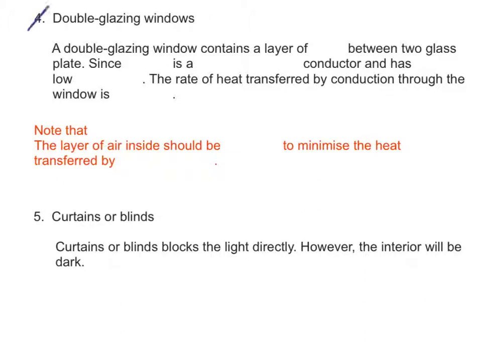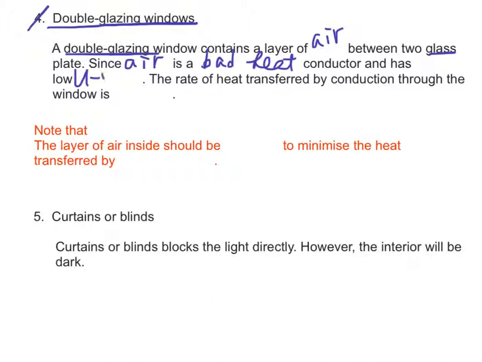Also, we may use double glazing windows. A double glazing window contains a layer of air between two glass plates. Since air is a bad heat conductor and has a low U value, the rate of heat transferred by conduction through the window is small.